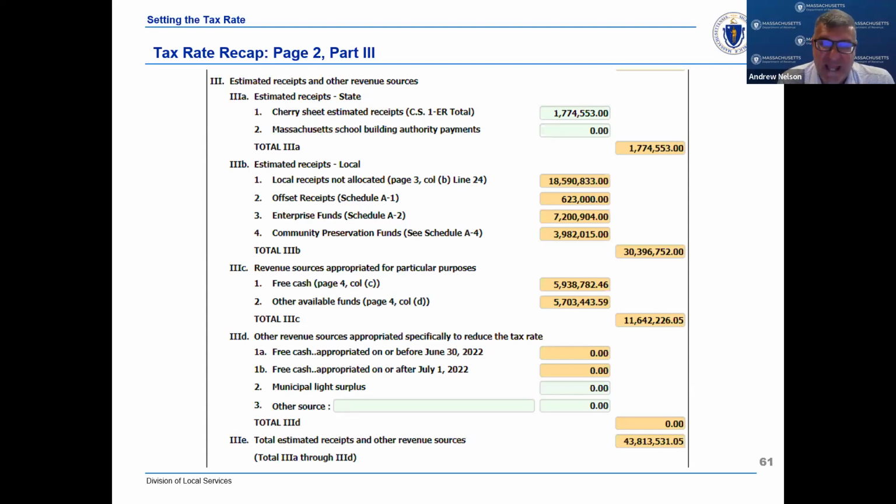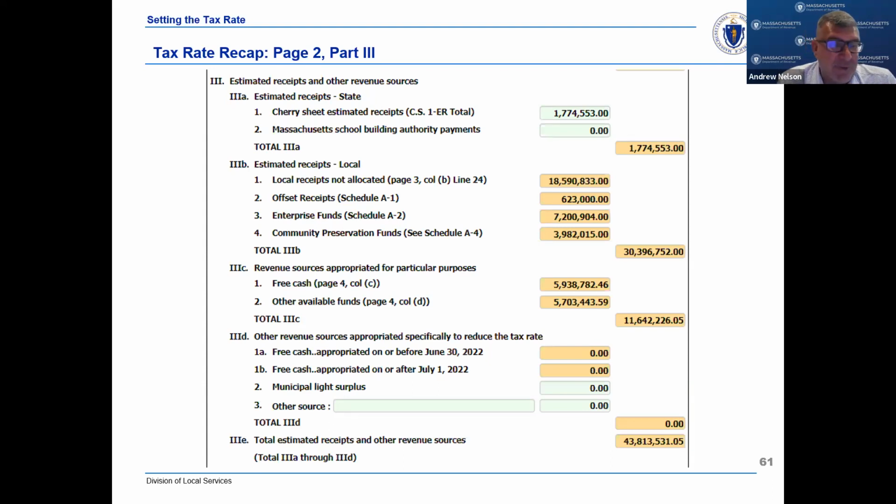The A1, the A2, the A4, the B1, and the B2. All of those forms had revenue associated with the expenditures that were on those forms. The enterprise funds had their own revenue. The community preservation had its own revenue. Offset receipts had its own revenue. Free cash is revenue. And then those other available funds. Those all had a revenue component that are flowing over to here. So we're grabbing those and taking them in here.